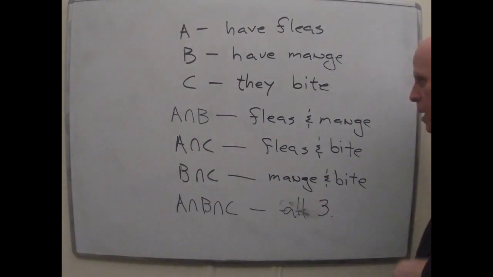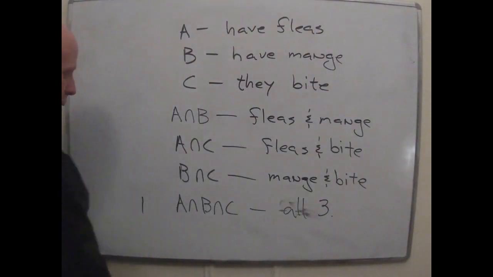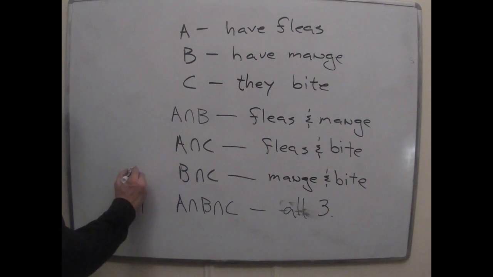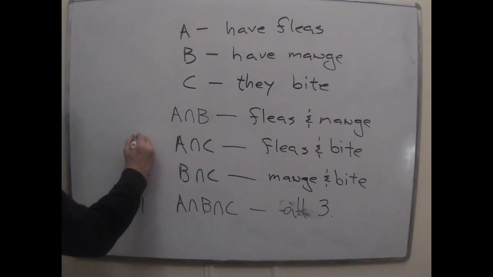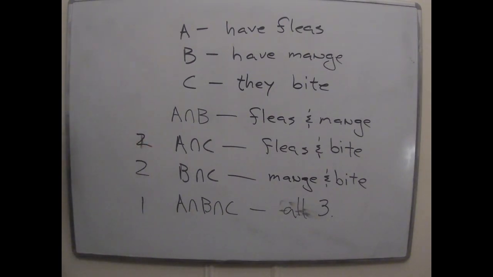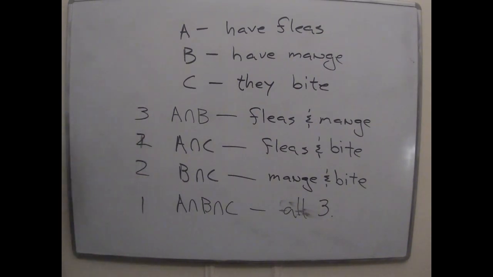Poor dogs. All right, so I'm going to give you some numbers for these things. Suppose there's just one that has all three issues. There are two that have mange and bite, and two that have fleas and bite. And finally, there's three that have fleas and mange.